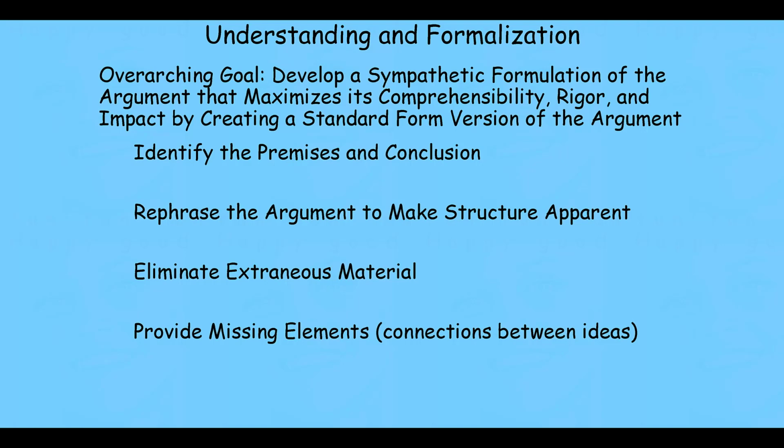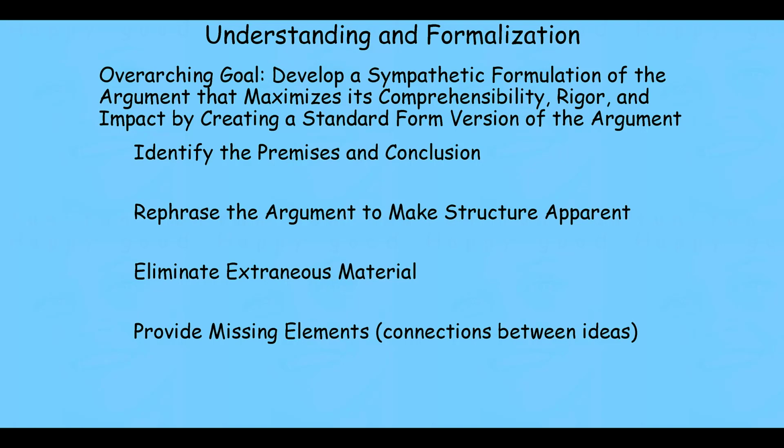When we're considering adding information to an argument to facilitate that transition between ideas, but that information maybe isn't true in our own light, or certainly isn't uncontroversial in the larger context of society, then we want to remember that our goal here is to develop a version of the argument that's consistent with the arguer's intent and knowledge. What are they trying to do? What do they believe?